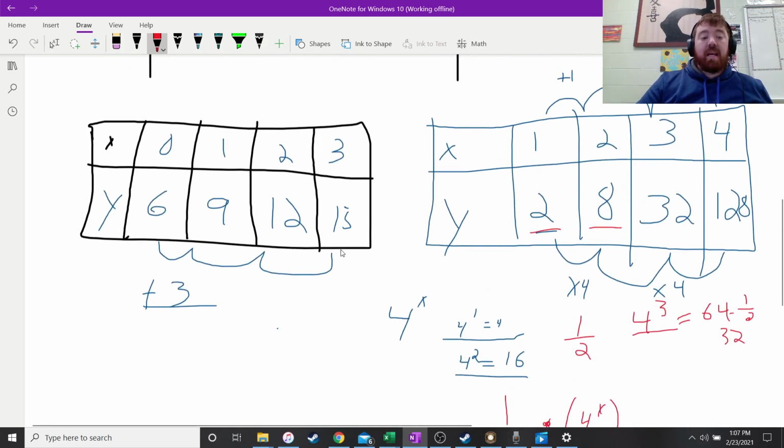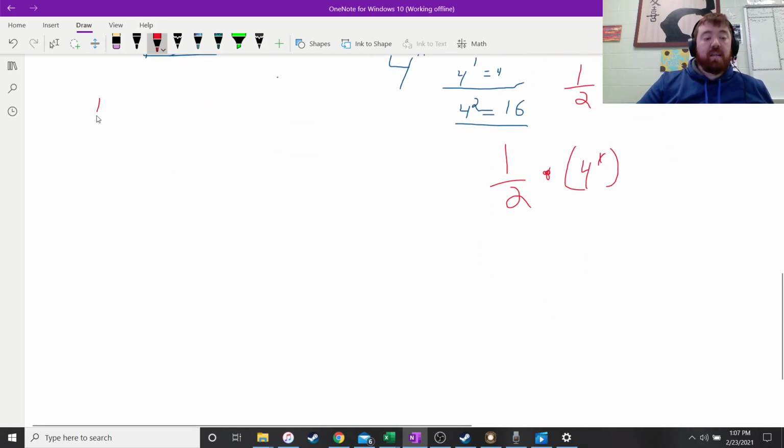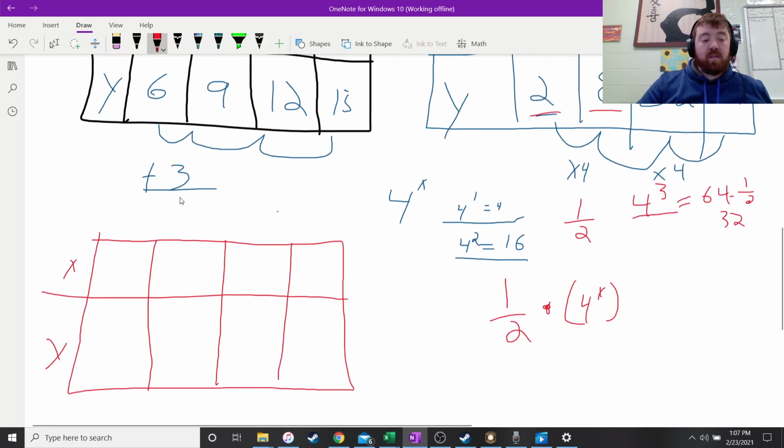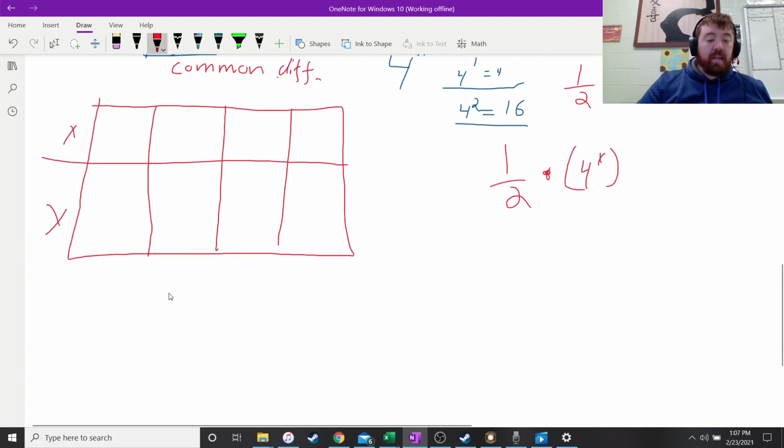So an exponential function here is going to be a number or a set of values that has a common difference on top. So we're looking for the common difference in our x values. And a common ratio on the bottom.